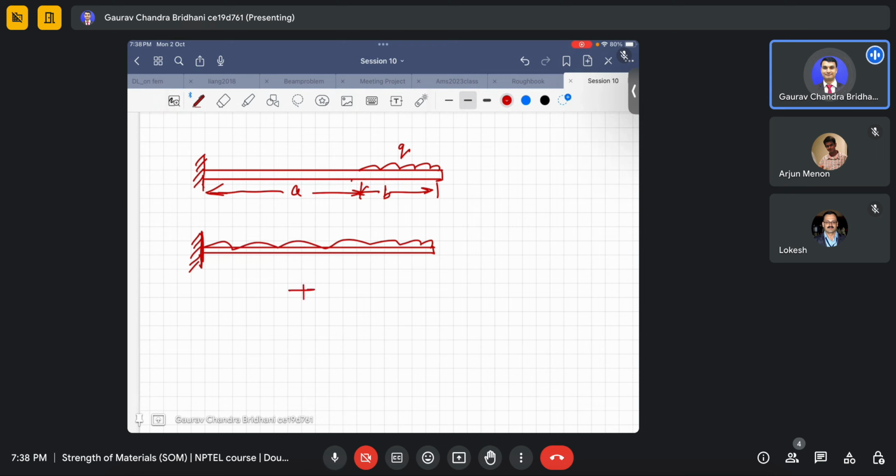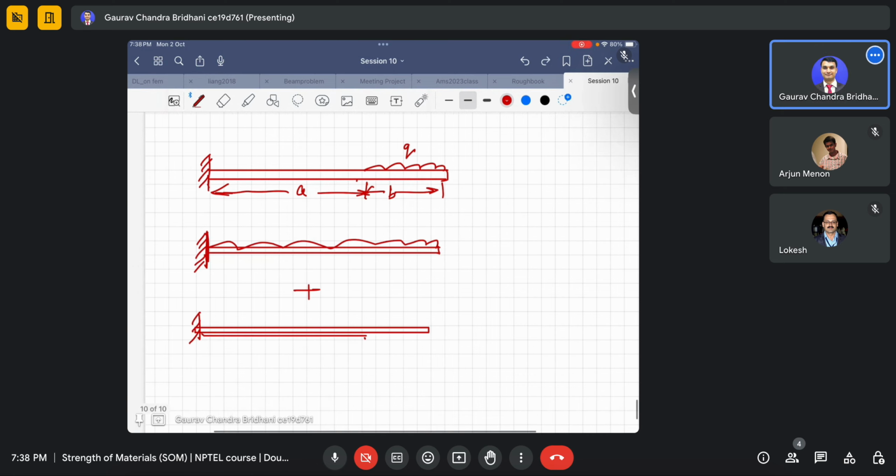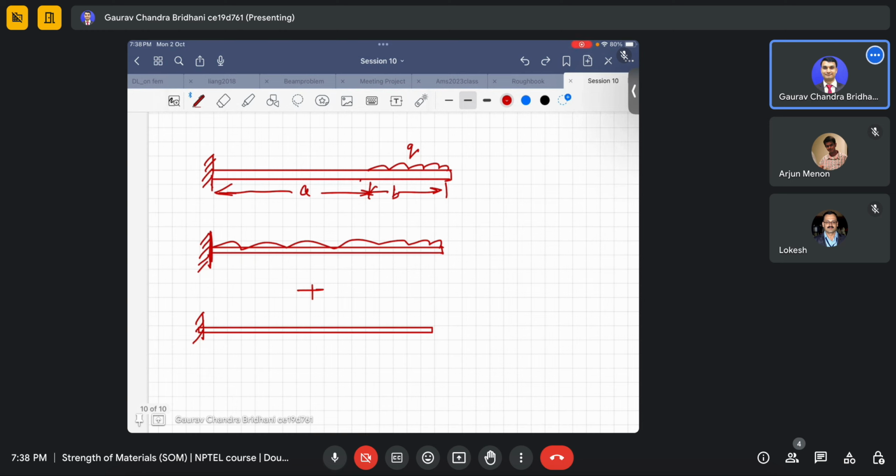And then we make a similar beam, like this, but with this much of opposite loading, till here of q. So now what is the resultant of these two? This is the resultant, the above one.